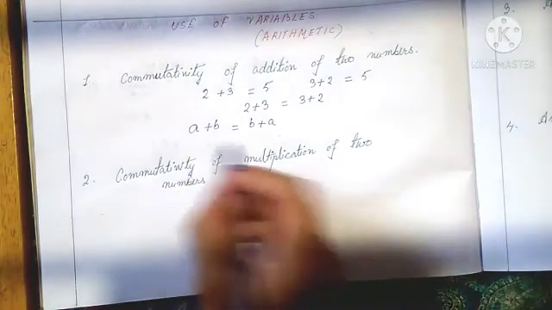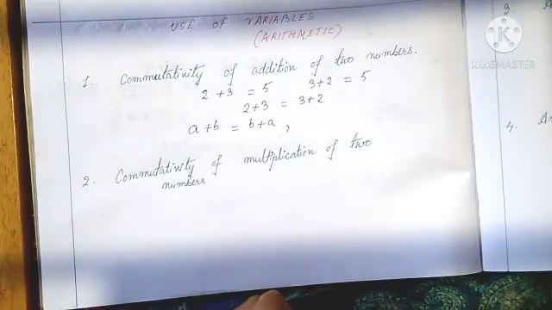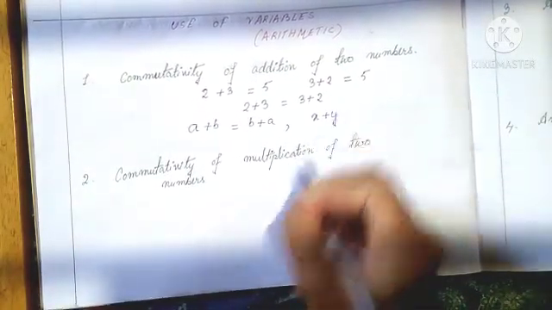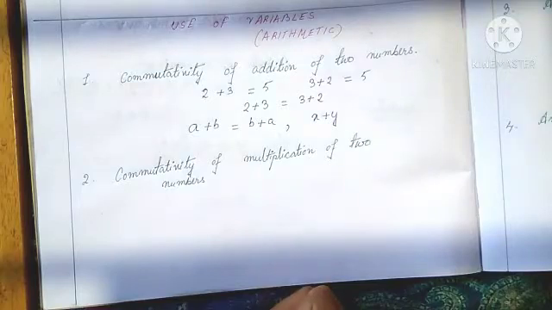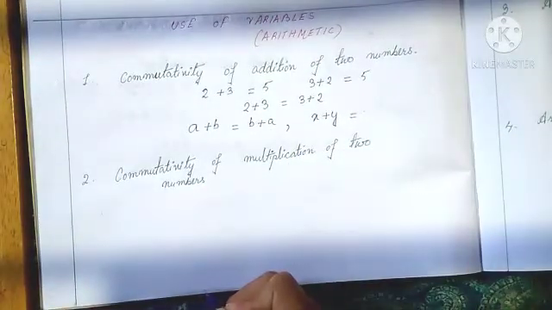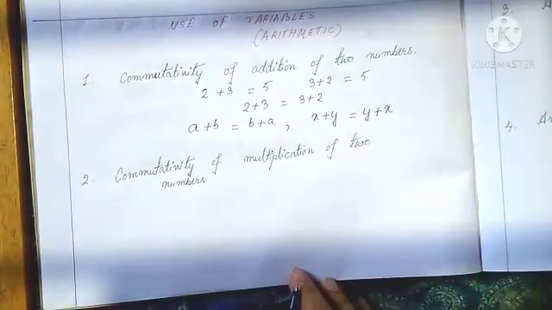Understood? Or instead of a plus b or b plus a, you can use other variables, let's say x plus y. So x plus y will be equal to, changing the order of these two variables, y plus x.